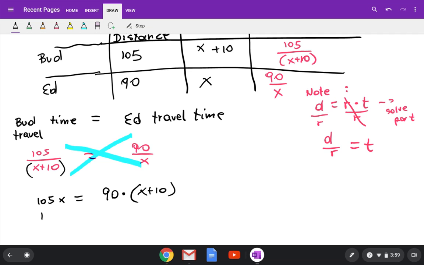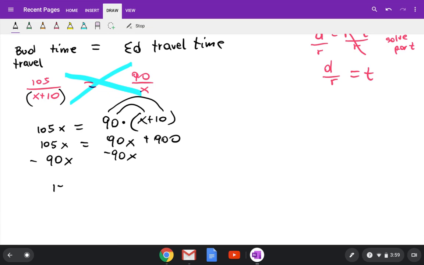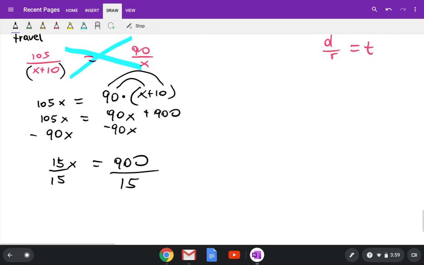Solve for x: 105x = 90x + 900. Subtract 90x from both sides, which gives 15x = 900. Divide by 15, and we get x = 60.